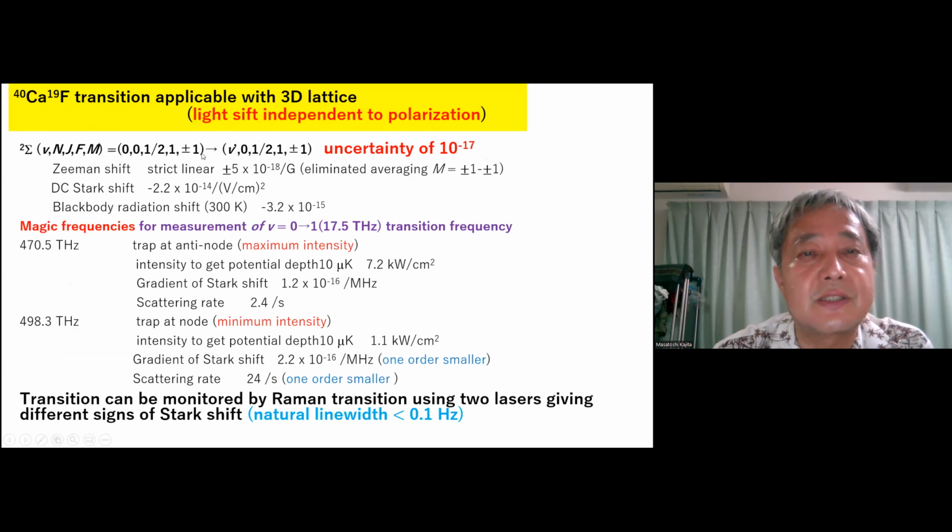For example, with this transition, for the rotational state 0 to 0, an uncertainty of 10⁻¹⁷ can be obtained, considering the Zeeman shift, DC Stark shift, and blackbody radiation shift. I could also estimate magic frequencies for the measurement of the vibrational state 0 to 1 transition. And the transition can be monitored by Raman transition using 2 lasers with different signs of shift.